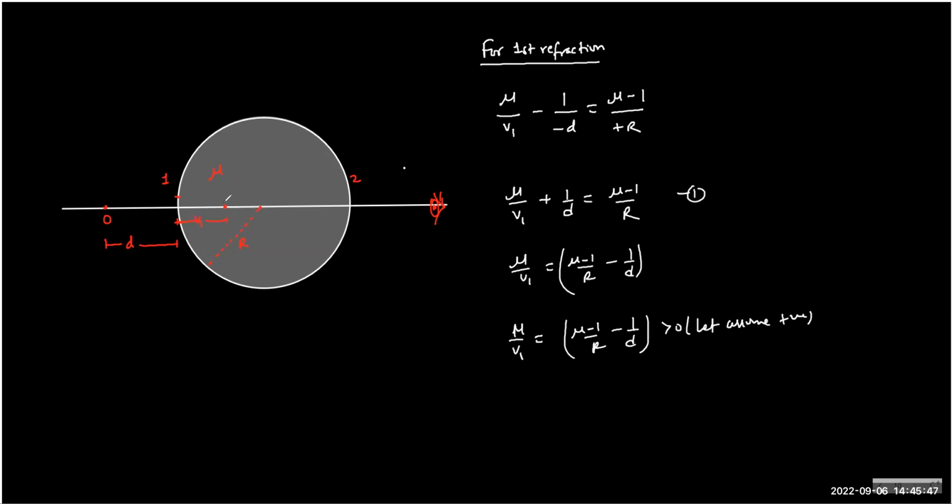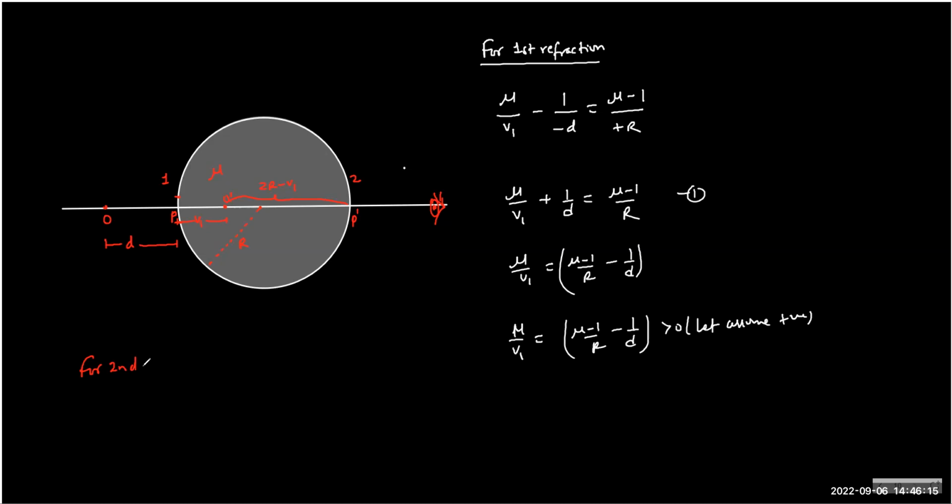Now the image of the first surface will act as the object for the second surface. And that will be how much? 2R minus V1 on the left, isn't it? So for the second surface, it will be negative. When we substitute, we'll put it with a minus sign.